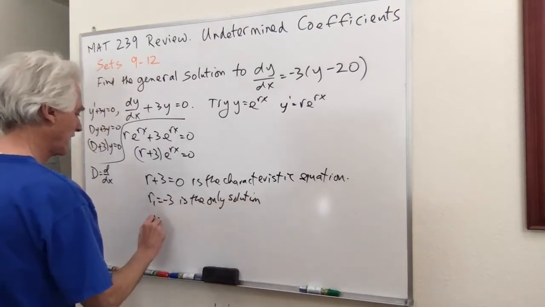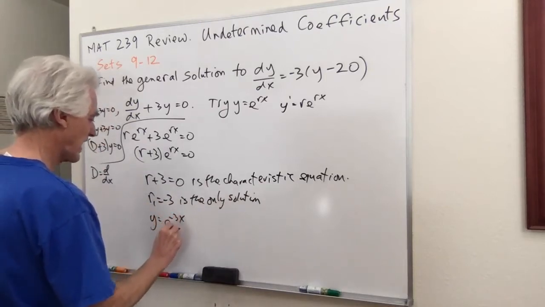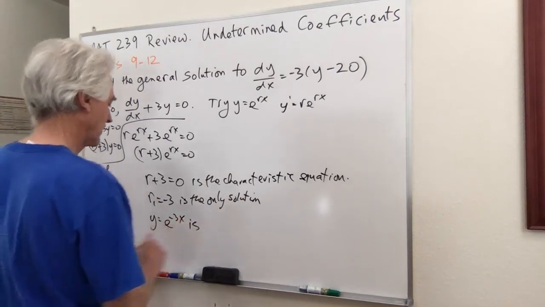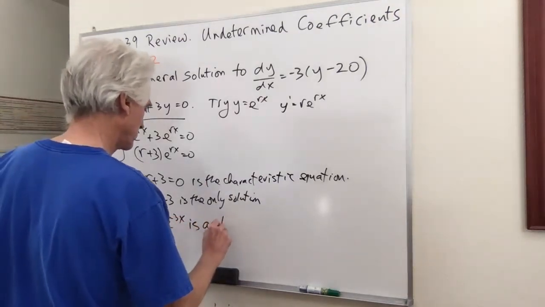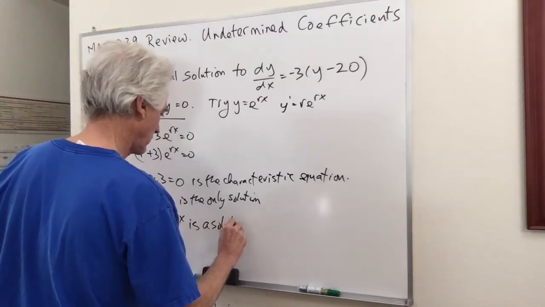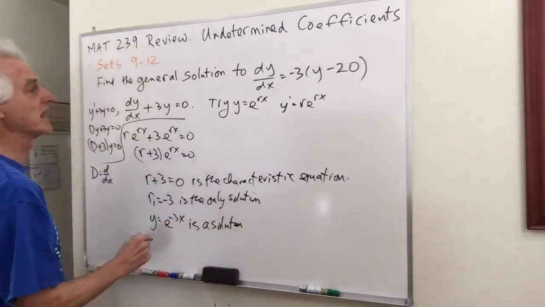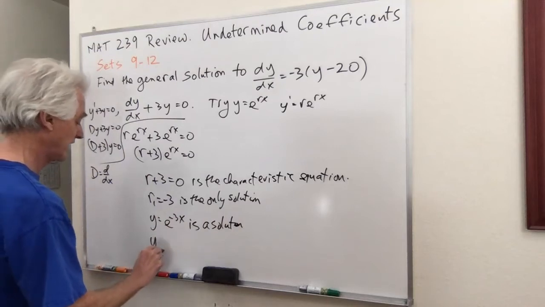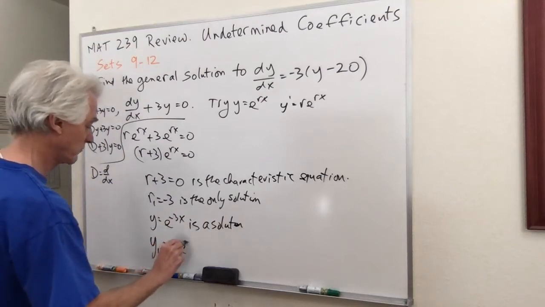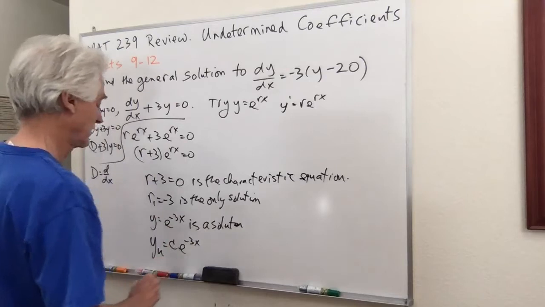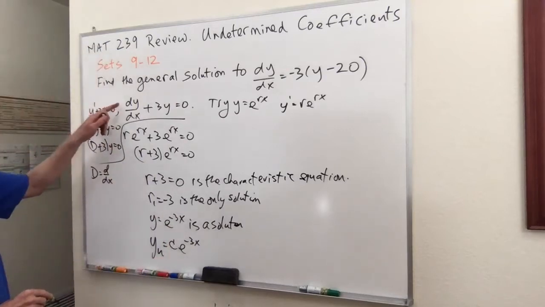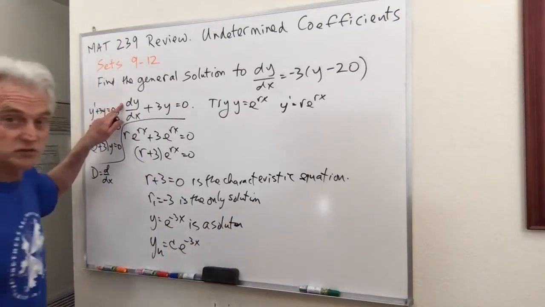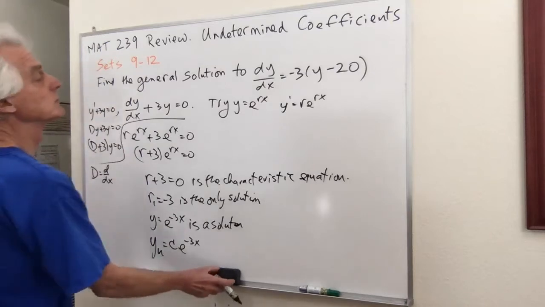So y equals e to the minus 3x is a solution. And a constant times that, yh equals c e to the minus 3x, is the general solution to this linear homogeneous ODE.